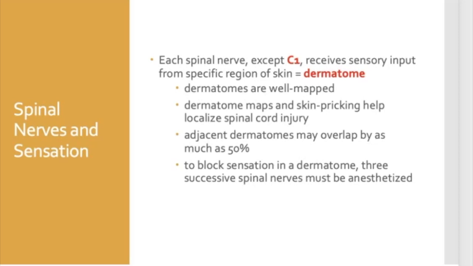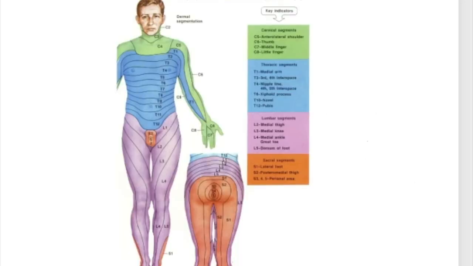Now, these dermatomes, these areas of skin that are connected to each individual spinal nerve, are mapped. And these maps are readily available for physicians. So if a physician suspects, for example, that there might be injury to, let's say, the T3 spinal nerve, the physician can use a pin to prick the skin in the region of skin, the dermatome, that is connected to the T3 spinal nerve.